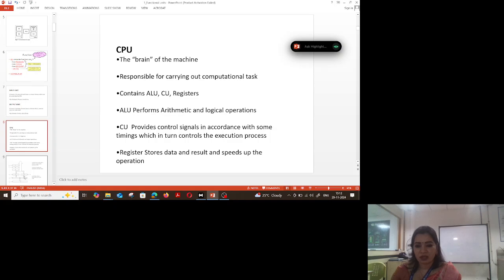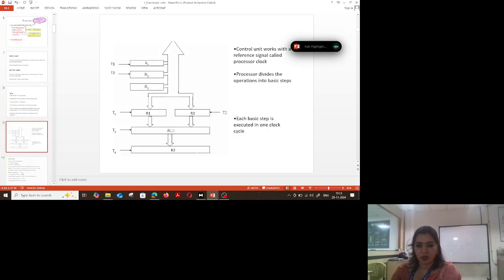A register acts as a storage medium inside the CPU, which is helpful to store the data, instructions, and the results, which is useful to speed up the operation of the central processing unit. We'll see how the control unit provides the signals in order to execute an instruction.